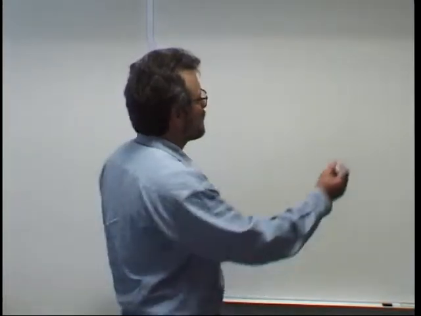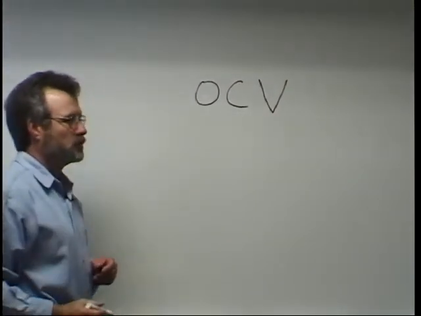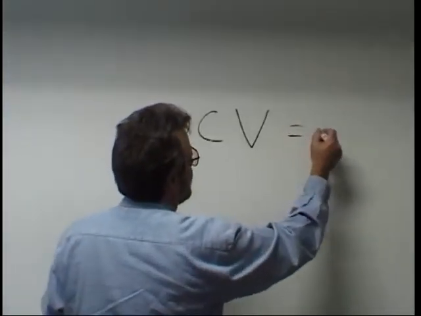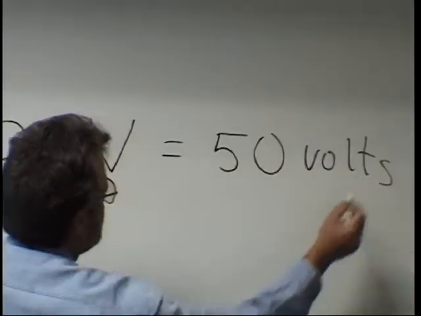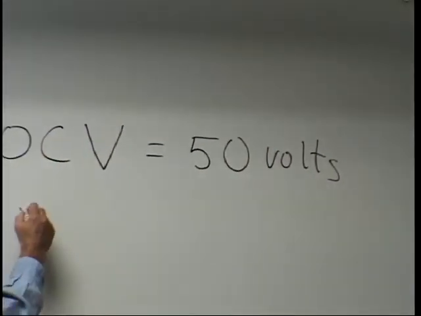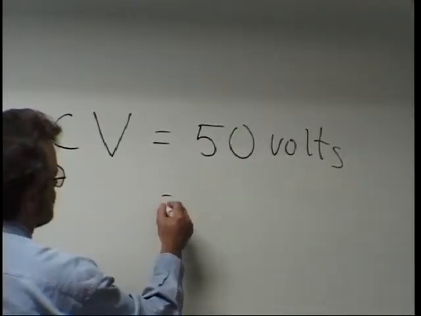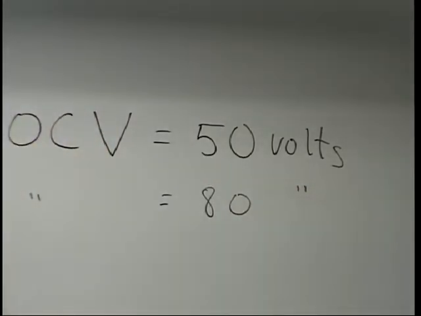Remember that we abbreviated that OCV, open circuit voltage. So on these semi-automatic processes, the maximum is about 50 volts. But if you'll remember, our open circuit voltage on our constant current power supplies was about 80 volts. So you can see it was a little bit higher.